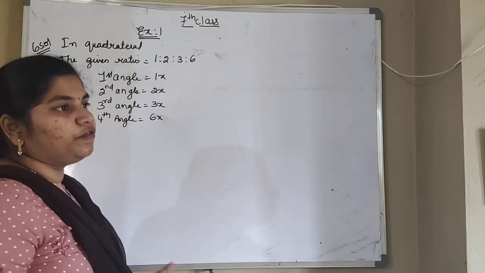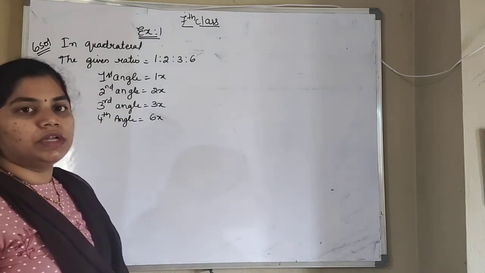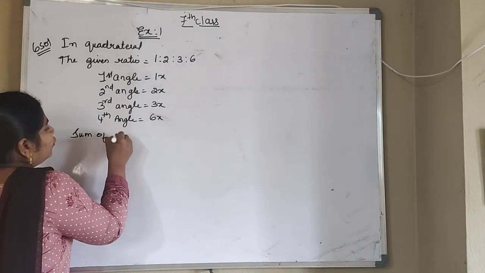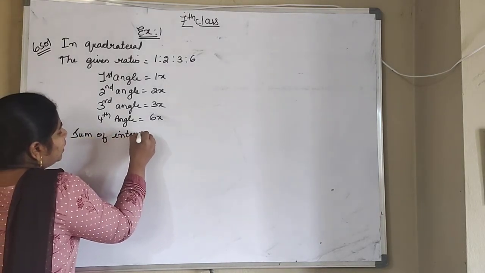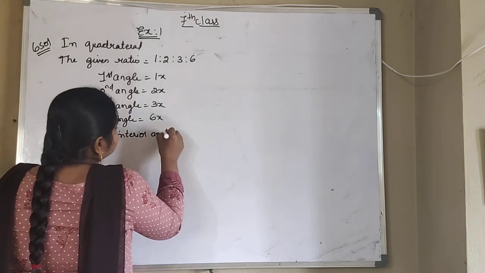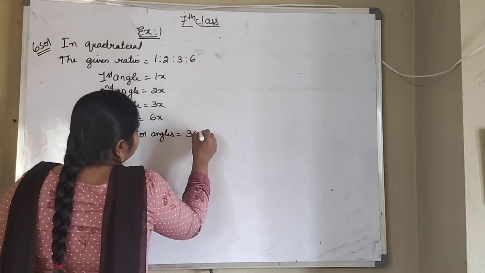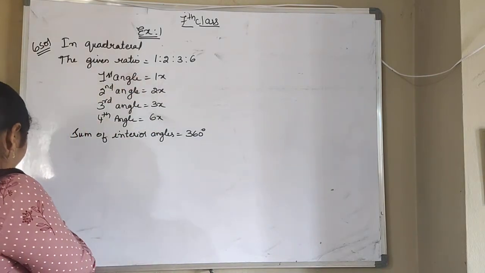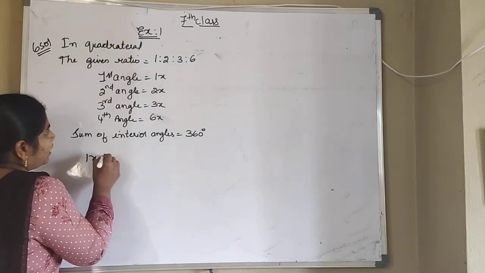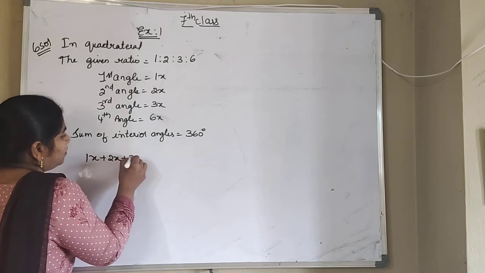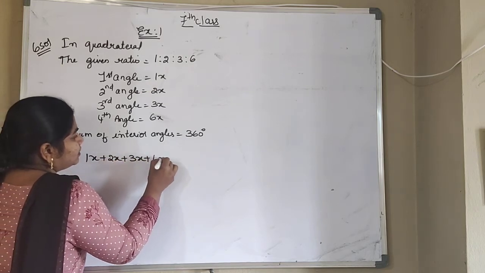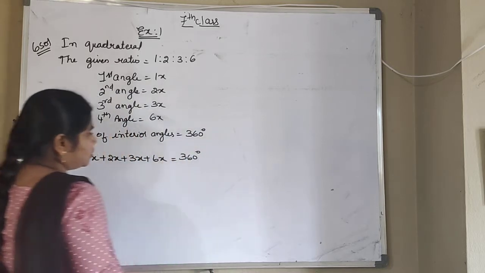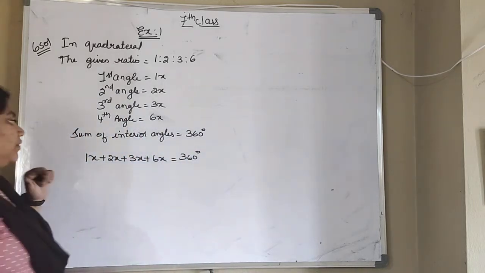Already we know that the sum of the 4 interior angles is 360 degrees. So add all these angles: 1x plus 2x plus 3x plus 6x is equal to 360 degrees.